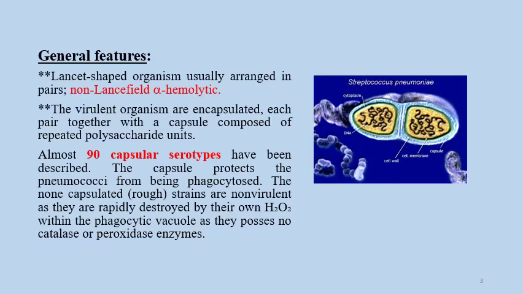الجنرال فيتشرز او نقول المورفولوجي of this organism مكون من ايه؟ اولا شكله as we see here it is called lancet shaped اللي هو as you see in this picture.